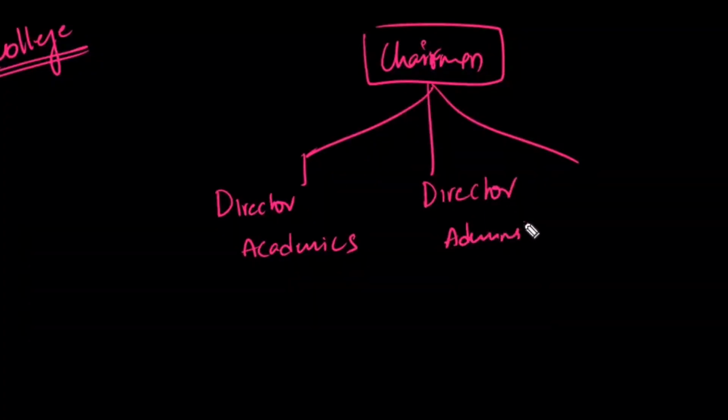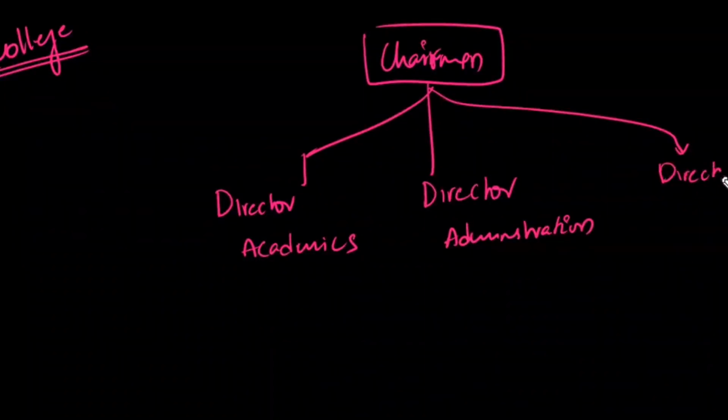He will work on the administration part, that is fees collection and how to collect the fees. Next we have the director of maintenance. He looks after the maintenance of college buses, electricity, the playground, all these things.